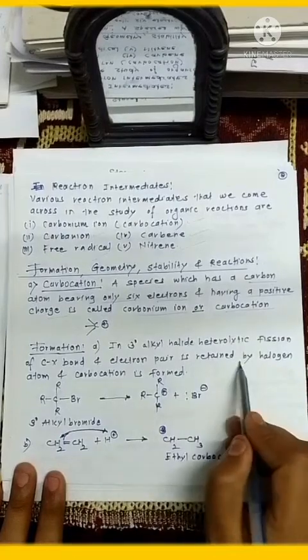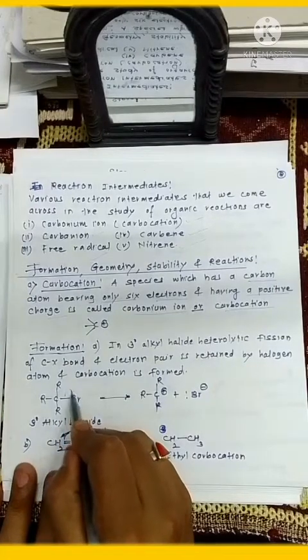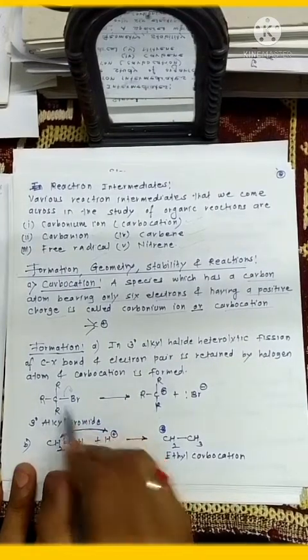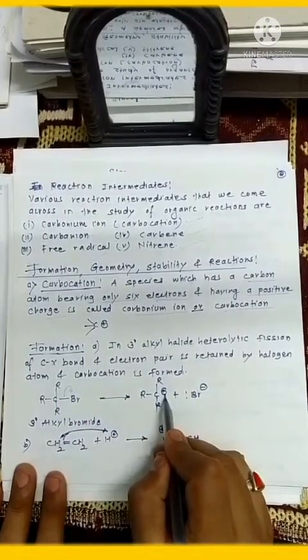In a tertiary alkyl halide, by heterolytic fission of the C-X bond, an electron pair is retained by the halogen atom and carbocation is formed. Basically, if we take a tertiary alkyl halide, this bond undergoes heterolytic fission to give carbocation.